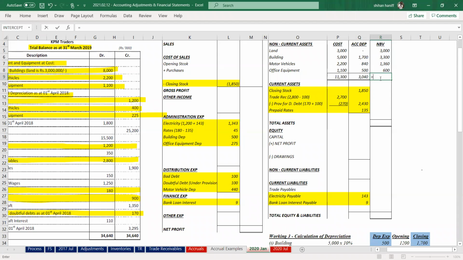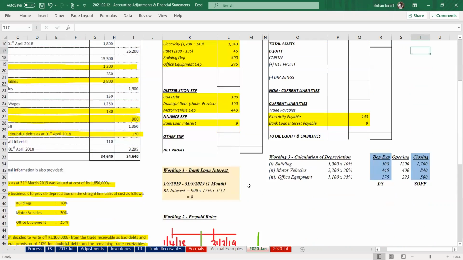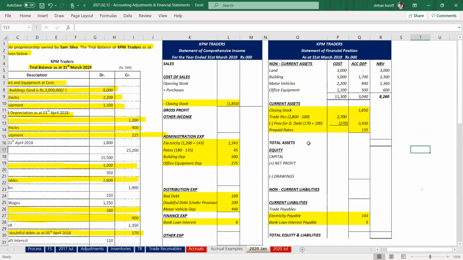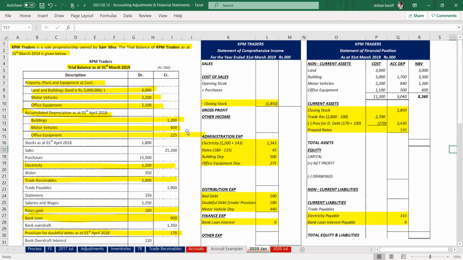You can complete the non-current assets. Okay, so these are the adjustments. Now if you record the remaining, I'll do the rest.